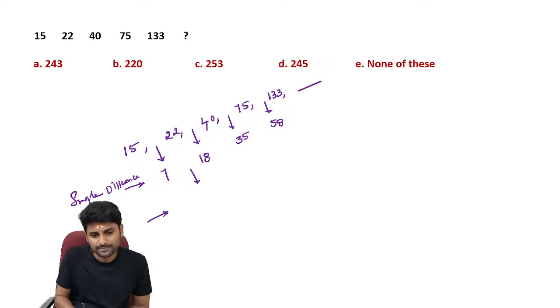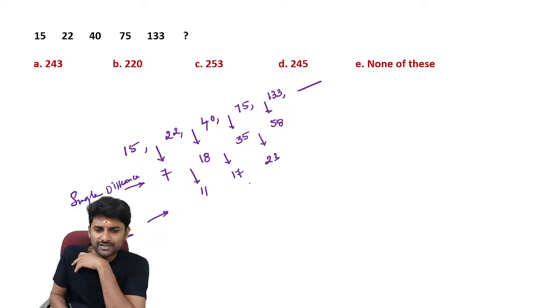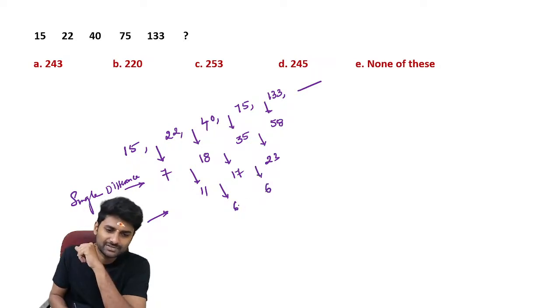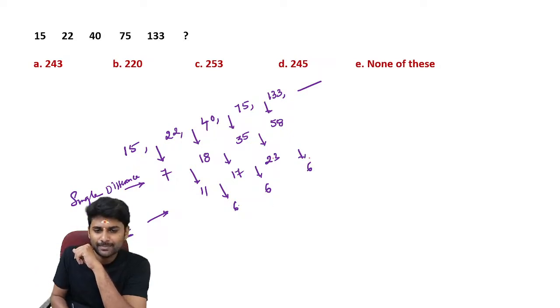It's all about double. So 7 and 18 difference is 11 units. 18 and 35 difference is 17 units. 35 and 58 difference is 23. Again, if you observe that there is a common difference in third step. So 6 and 6. So definitely we are going to add 6 units. It means 23 plus 6. Here the difference is 29.